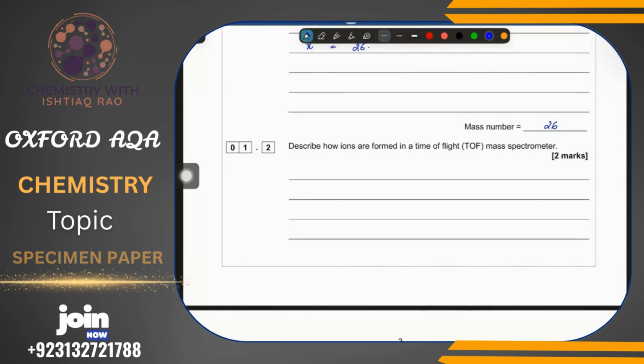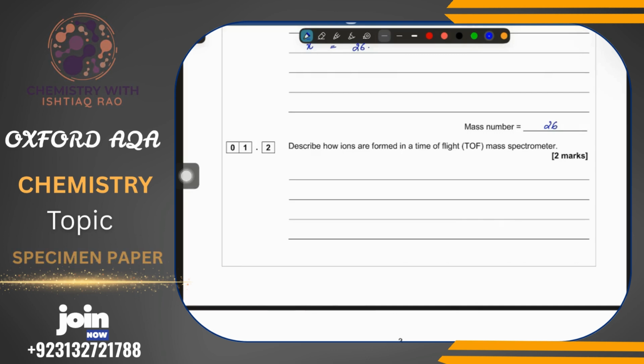A high voltage is applied to the sample, so it releases high energetic electrons that bombard the sample, and the sample gives away its electron and forms a cation.